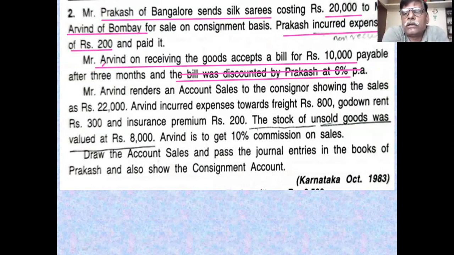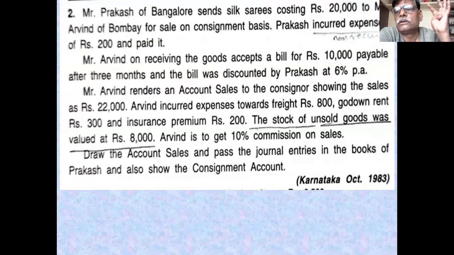This statement contains first sales, second advance, third expense incurred, fourth commission, fifth balance payable. 5 points you have to cover in the account sales. Consignee to consignor. Okay.